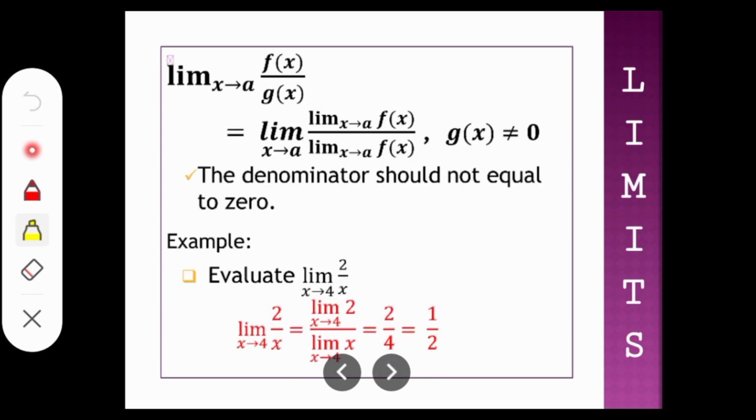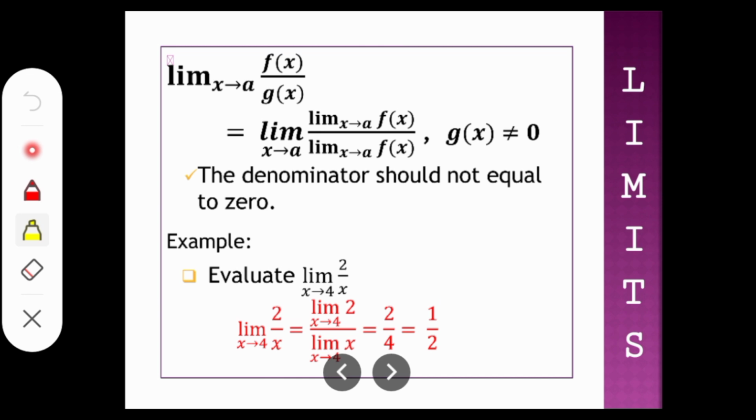Next, property number 5: the limit of f of x over g of x as x approaches a is equal to the limit of f of x as x approaches a over the limit of g of x as x approaches a, and g of x is not equal to 0.